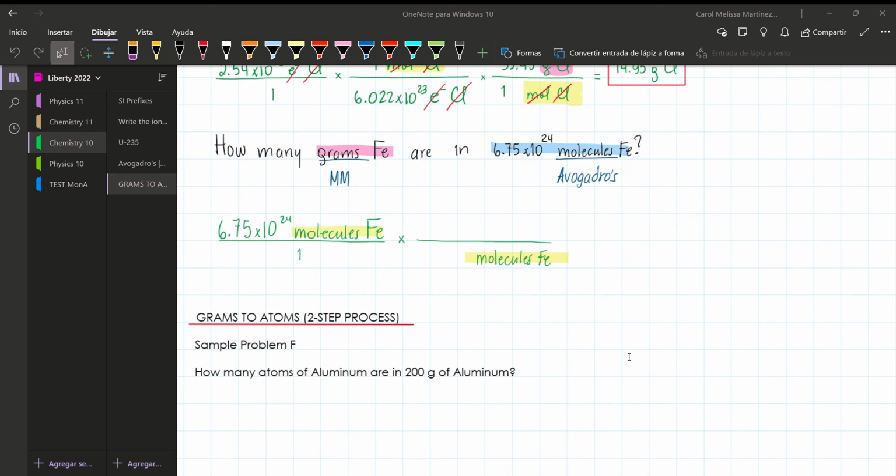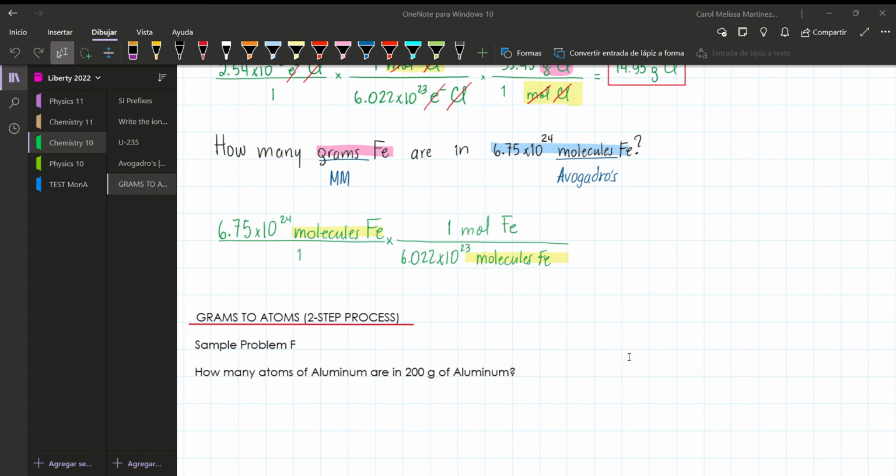How many molecules? The Avogadro's number, okay? So this is going to be 6.022 times 10 to the 23. And above, I'm going to have just 1 mole. Just remember this. Every time you use a conversion factor, molar mass or Avogadro's is always going to be in 1 mole of the same substance.